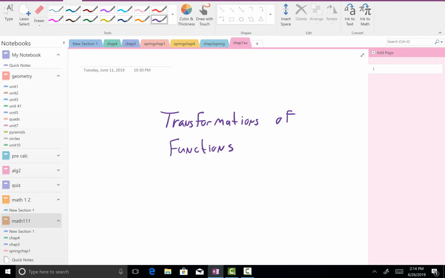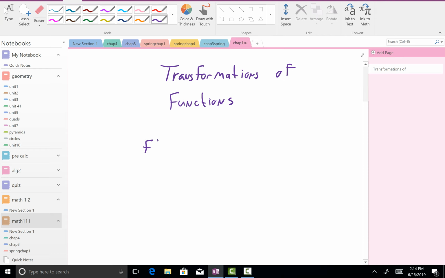And what I want to do is start out with a fairly simple function, and then use some sliders to investigate how these functions change, and then we will do some problems and talk about some more things. So we're going to investigate f of x equals the absolute value of x. We're going to take a look at that.